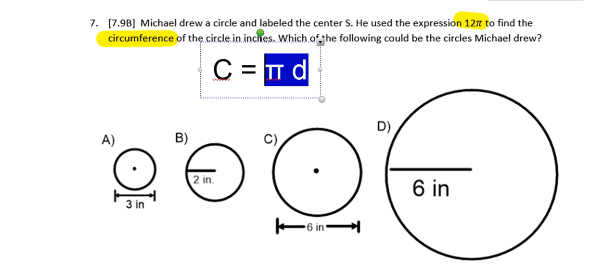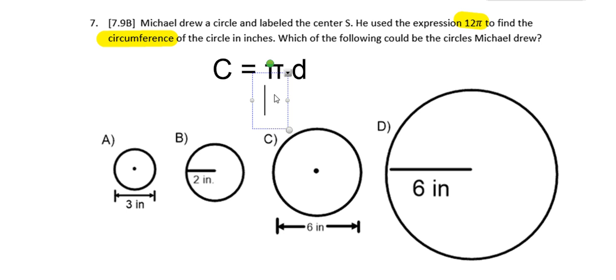Pi times the diameter. So whatever the diameter is, you'd multiply it by pi. So we're looking for one with a diameter of 12, because the circumference of 12 pi would be 12 for the diameter, times pi, about 3.14.